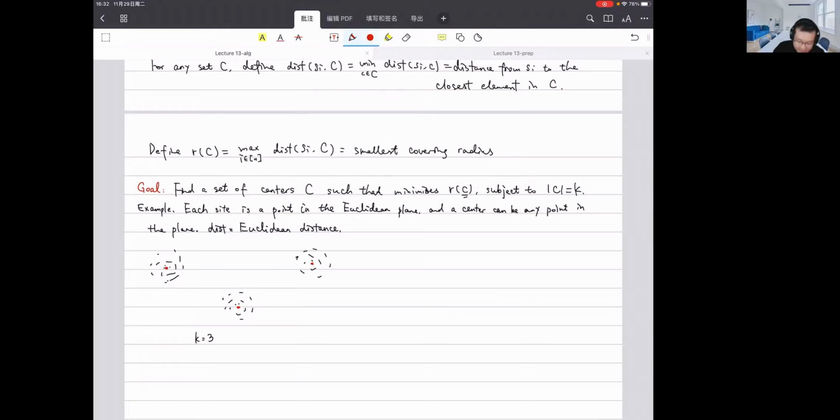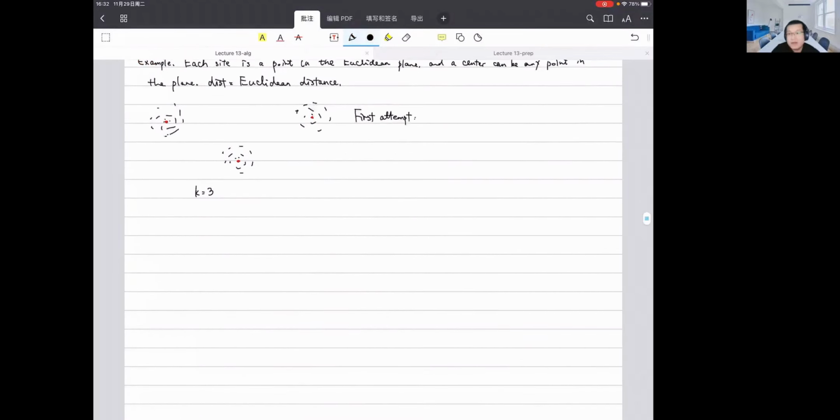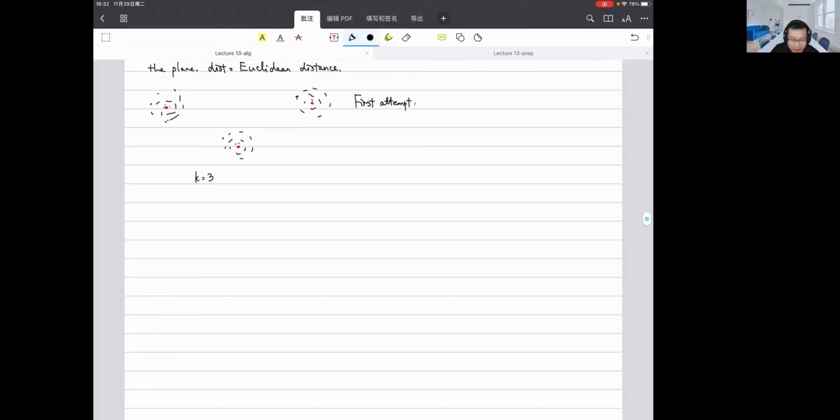So let's first see a first attempt. Very naturally, we just want to shrink the value of the smallest covering radius. We just want to decrease the value of R of C. So maybe we can do something like this.